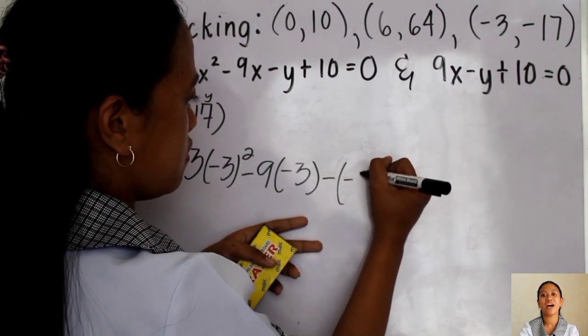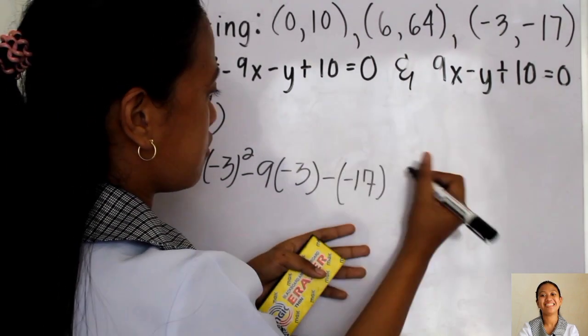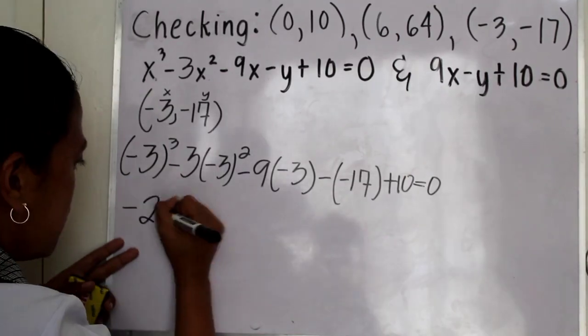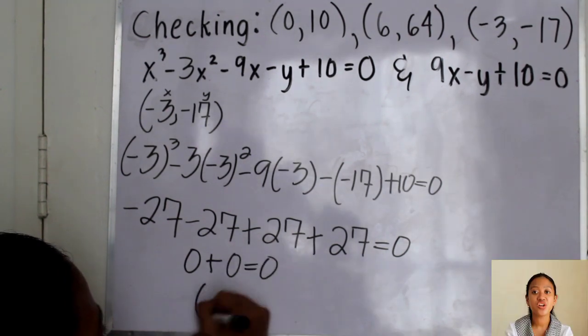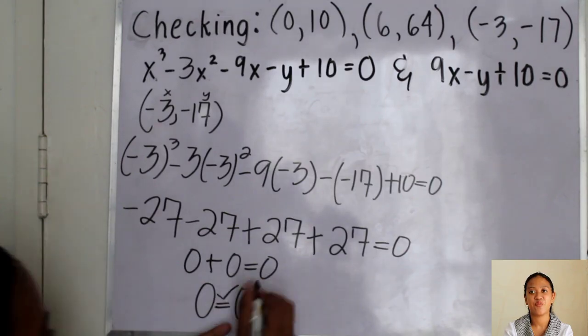We input negative 17 for the y, then copy plus 10 equal to 0. So 0 is equal to 0. So, the solution set is correct.